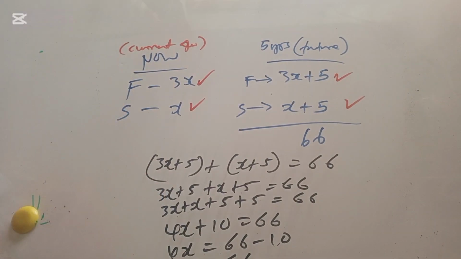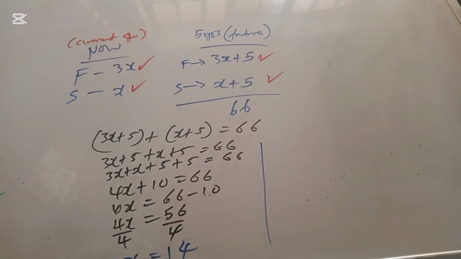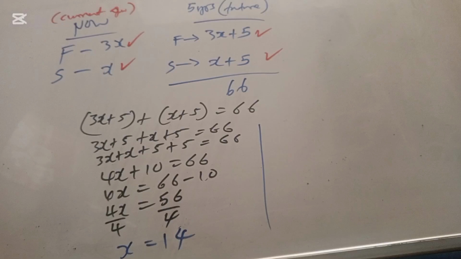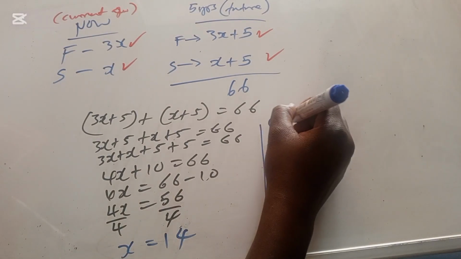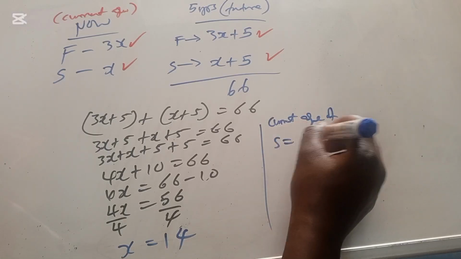What about the father? So you have found x as 14. You come and say current age of son is 14.